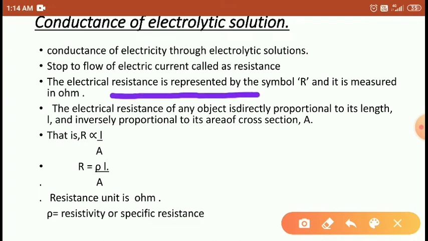Electrical resistance is represented by the symbol R and it is measured in ohm.